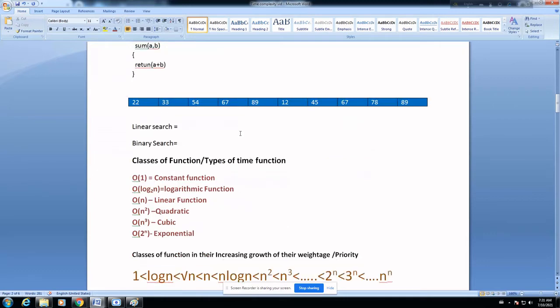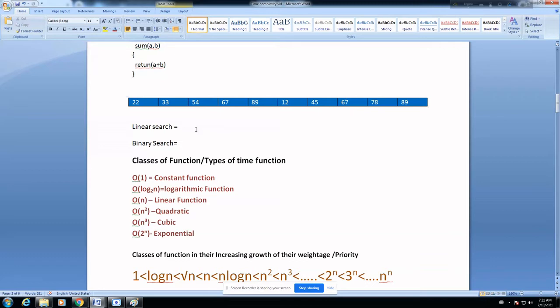Now take an example. Suppose one array is there. In the array, suppose 6 or 8 numbers are there. Between these numbers, if I want to find 67, we know that we can search for the number in an array in two ways. One is called linear search, another is called binary search.